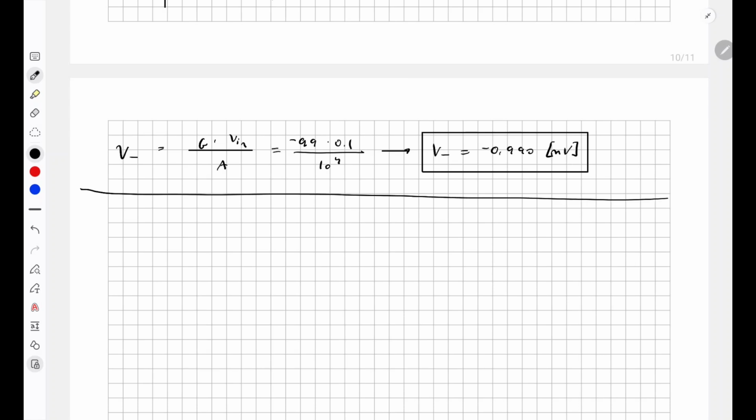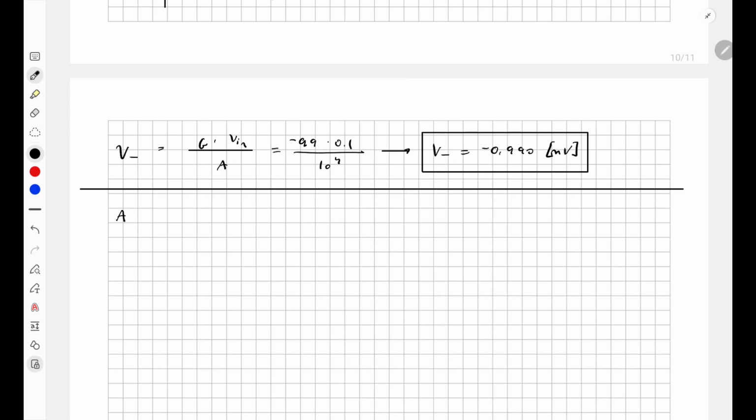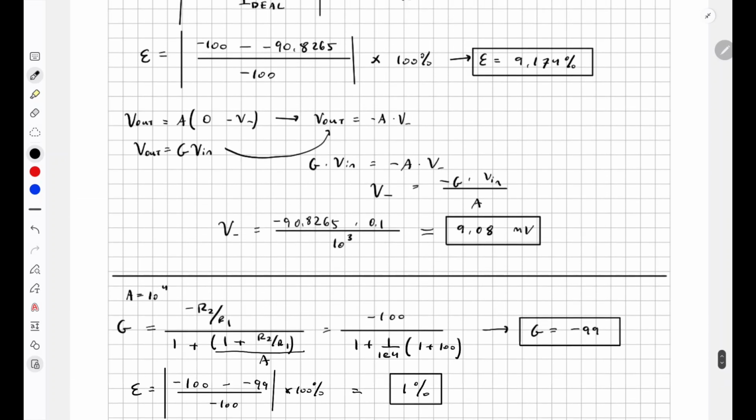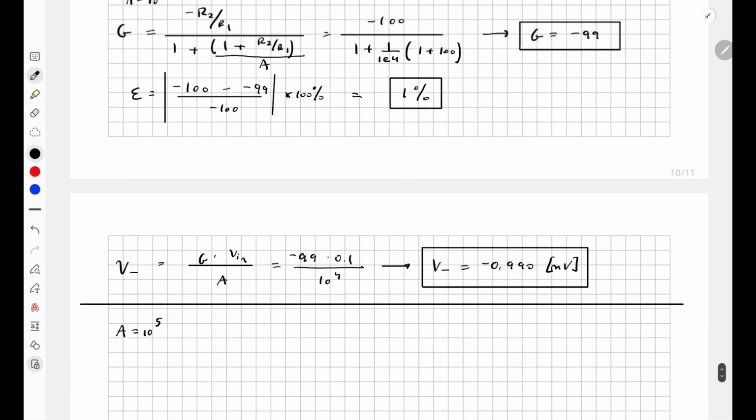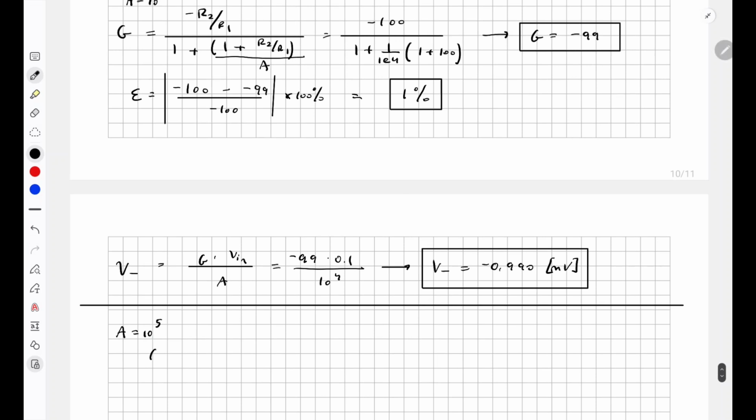Now let's repeat it one more time for A equal to 10 to the 5th. In order to save time, let's just plug in everything again.